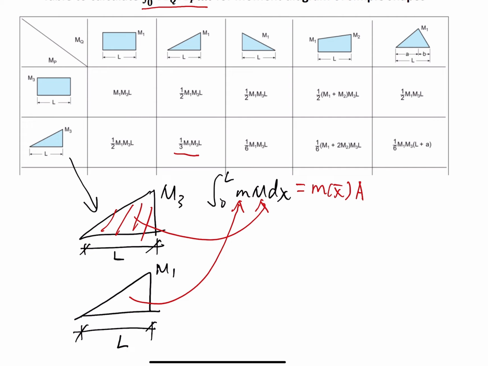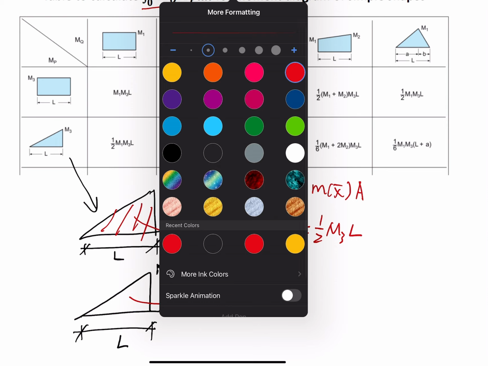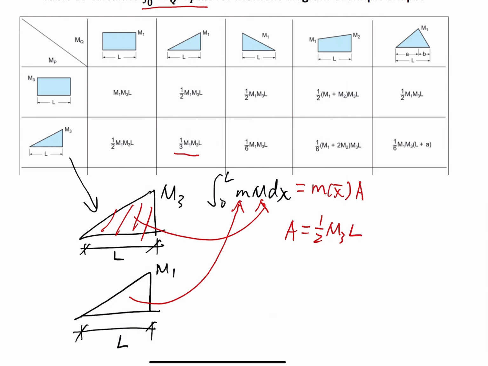A is the area of this triangle, so A equals 1/2 M3 L. What is m x bar? The centroid point is C, x bar, y bar.